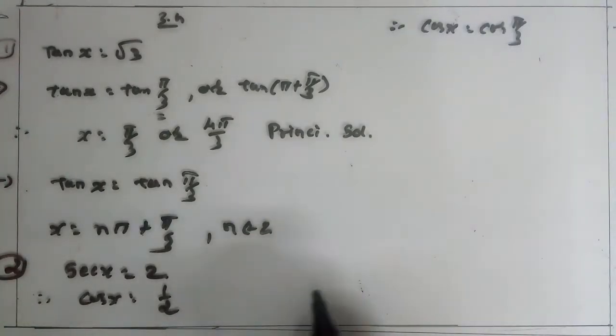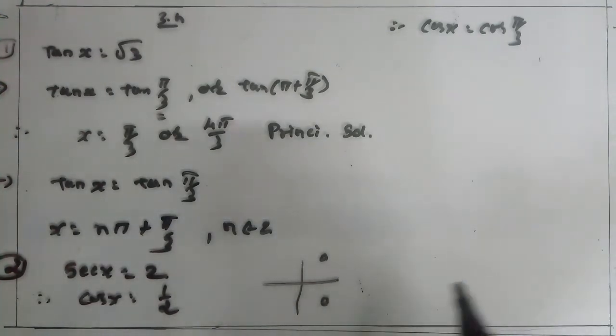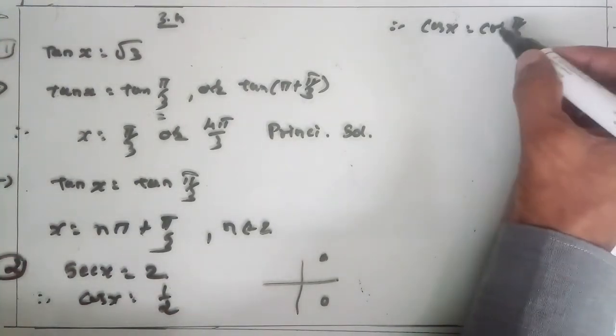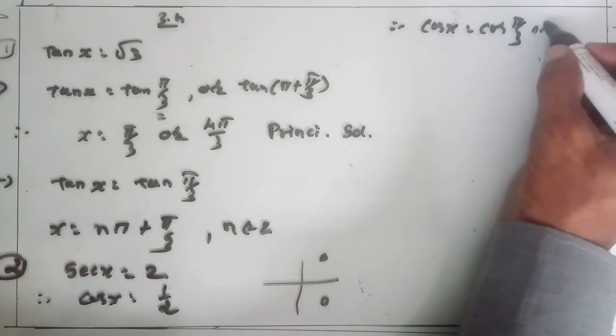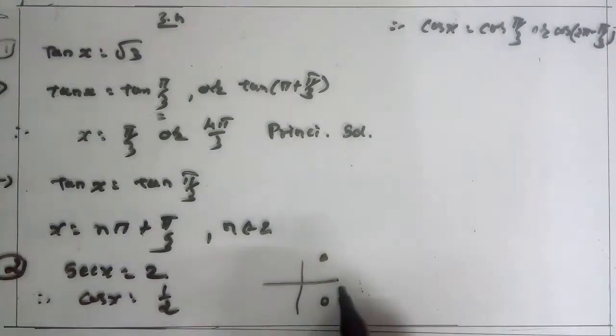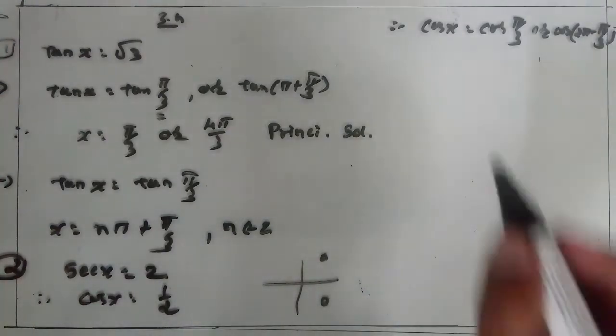Now remember this here. Cos is positive in the first quadrant and in the fourth quadrant. So we get for both quadrants the value of this real part, that is for angle cos pi by 3 or cos 2 pi minus pi by 3. Clear? 2 pi minus pi by 3.